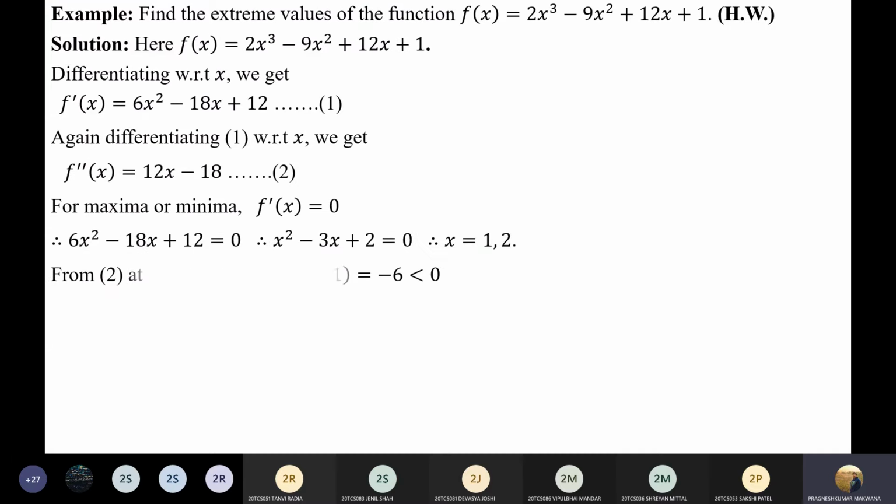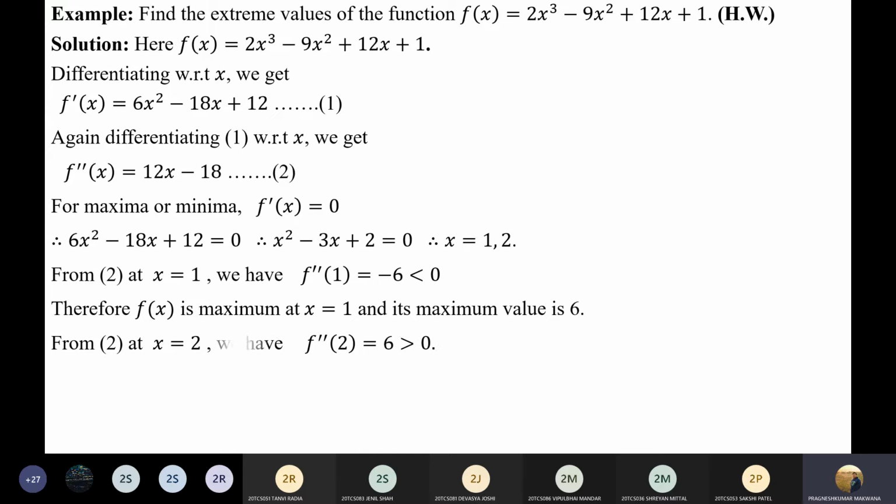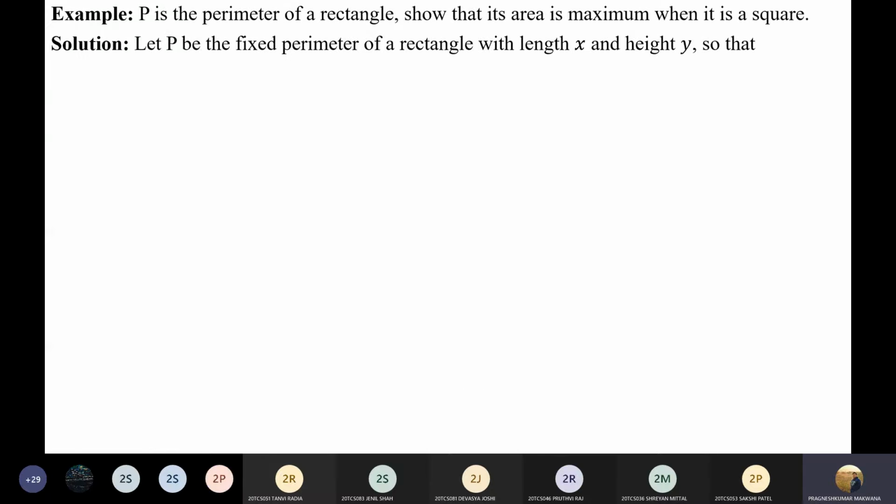Today we are going to discuss more examples based on maxima and minima of a function. So you can see this example, everyone.